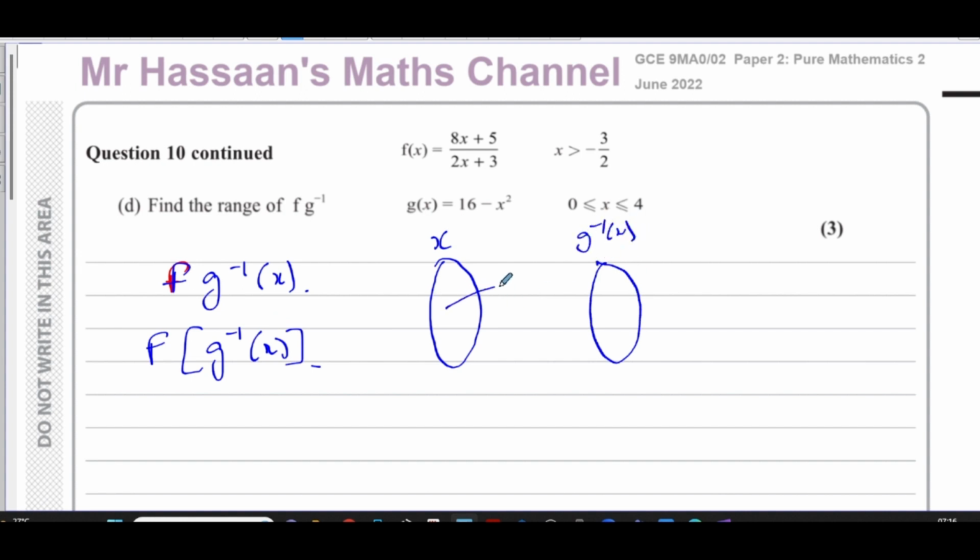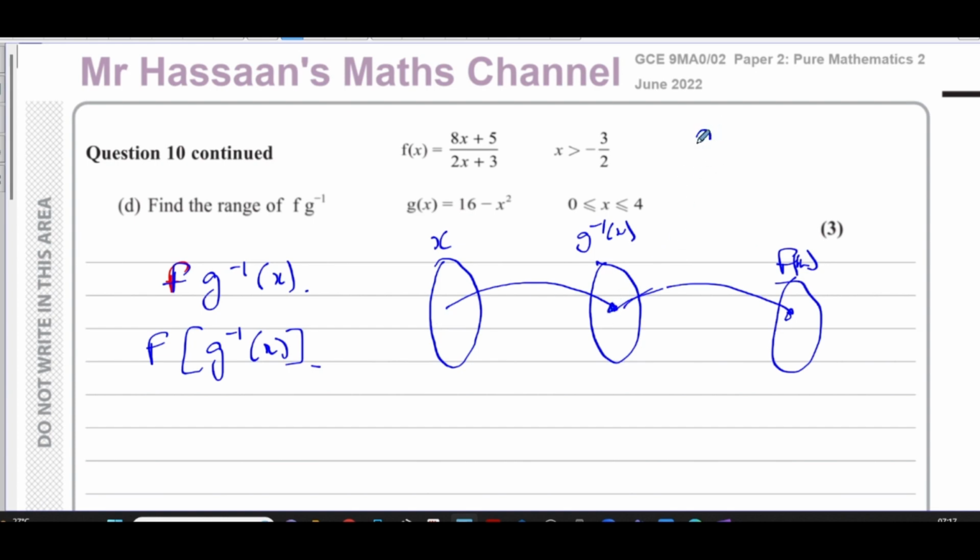The x values go into the inverse function of g of x, and what we get from that will then go into the function f of x. That's what's happening. So we have to think about what we are able to put into g of x.